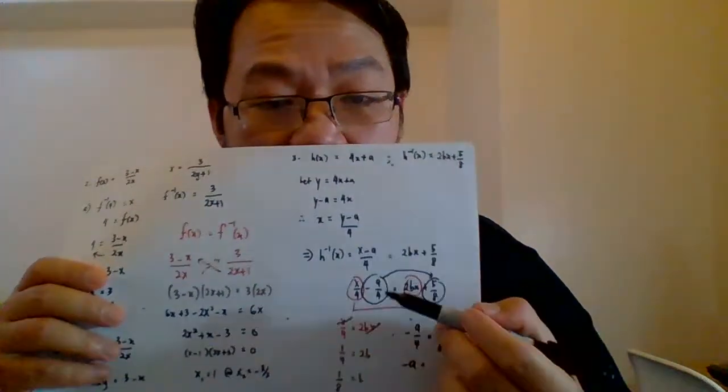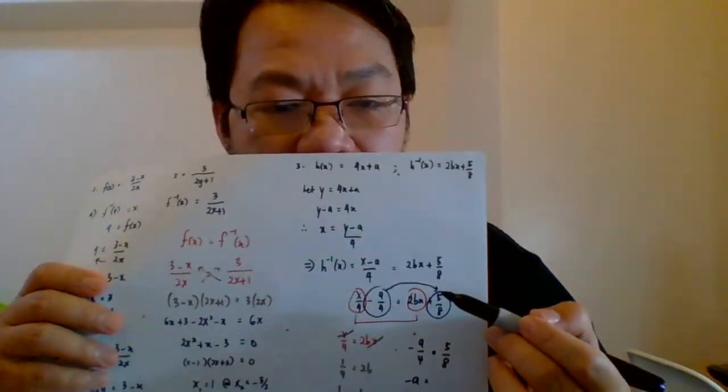Now, how to find a? To find a, you see here, negative a over 4 belongs to positive 5 over 8. So negative a over 4 equals 5 over 8.